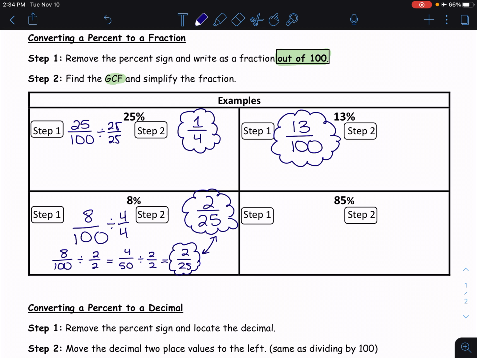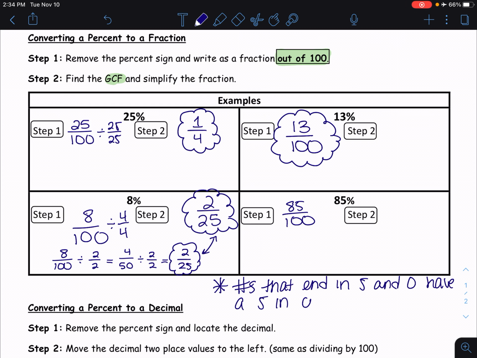Okay? For 85%, we're going to start with 85 over 100. And I'm going to make a note down here. Numbers that end in 5 and 0 have a 5 in common. Okay, we talked about this in class yesterday.